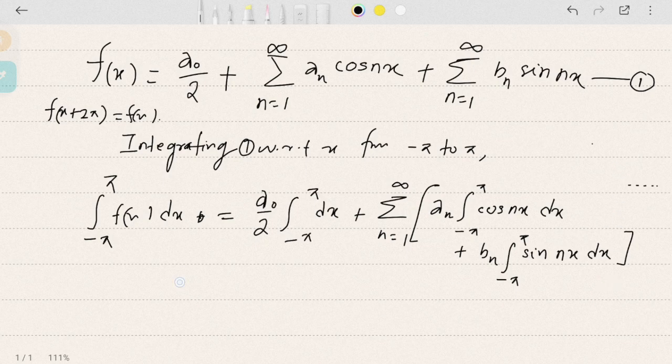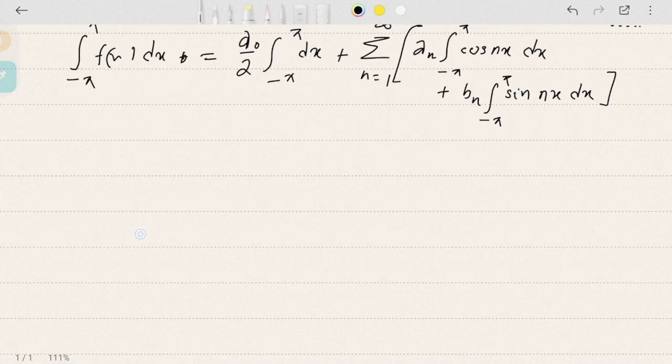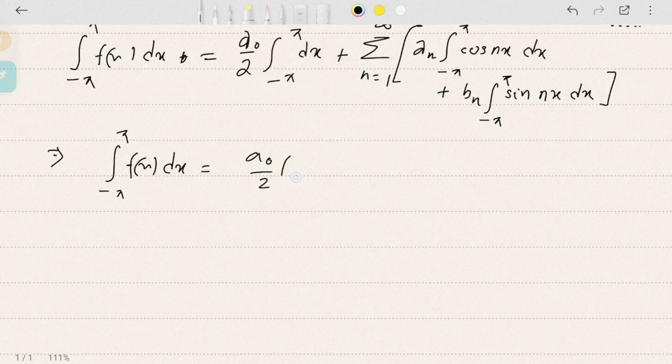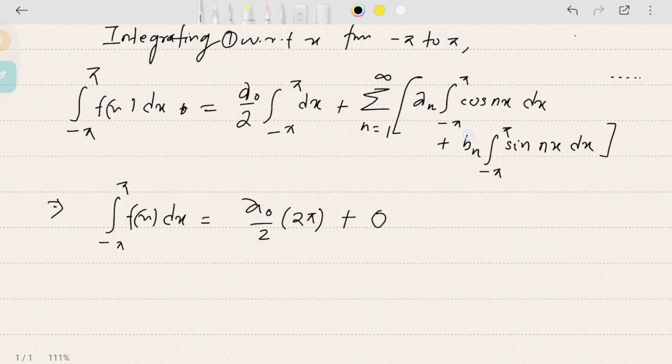Here it will remain the same. Just follow me. a naught by 2, this will be 2 pi, plus this will be 0. You know the standard integration that cos nx from minus pi to pi will be 0, and also for sine.